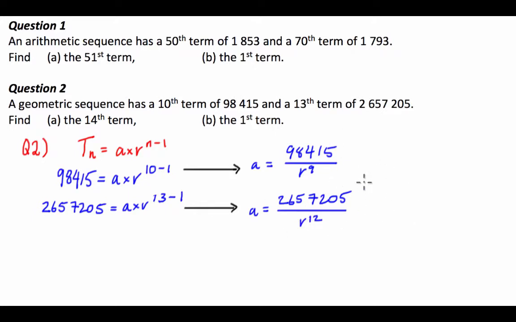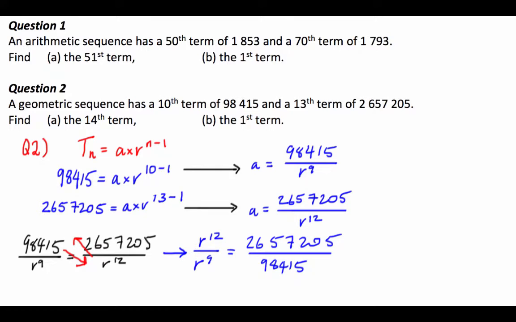Cool. Now what I'm going to do is make these both equal to each other. Now I'm going to move the 98,415 down to the bottom over here, and I'm going to move the r to the 12 up to the top over here.